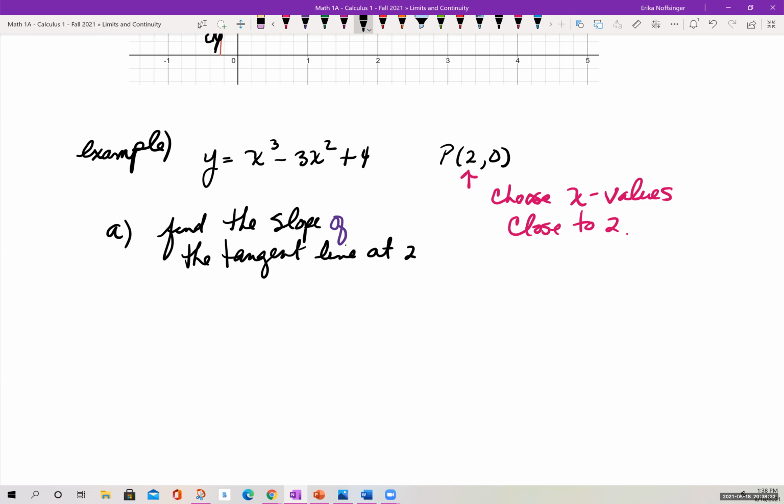I'm wondering if we can notate this a little differently. Let's just do it. We know that we had a point right at (2, 0), and now we're going to look at points close to 2. So let's look at 2.1, 2.001. This is our slope value over here.